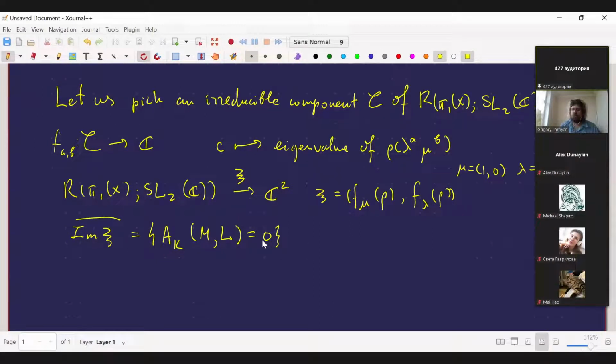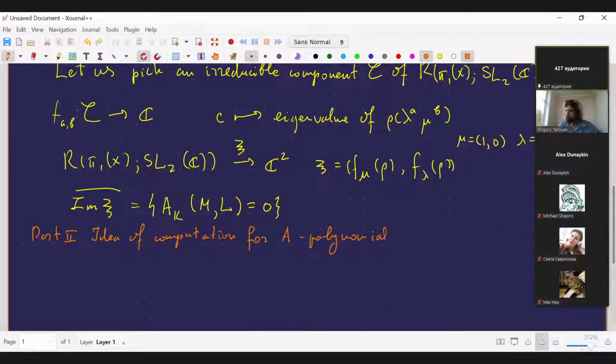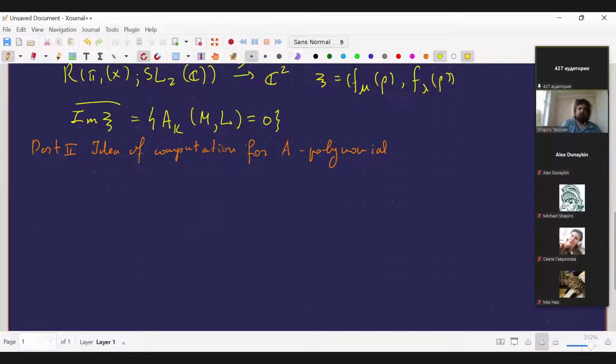Okay, so now the second part: I want to sketch an idea behind computing the polynomial. The group pi1 of X is finitely presented.